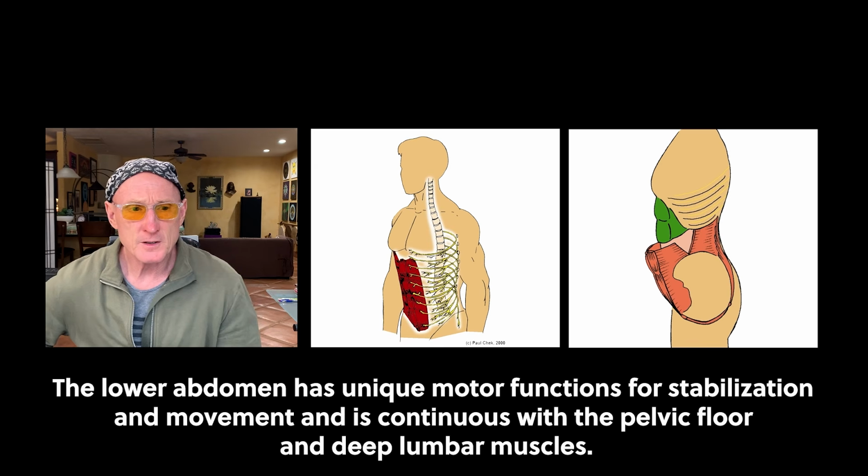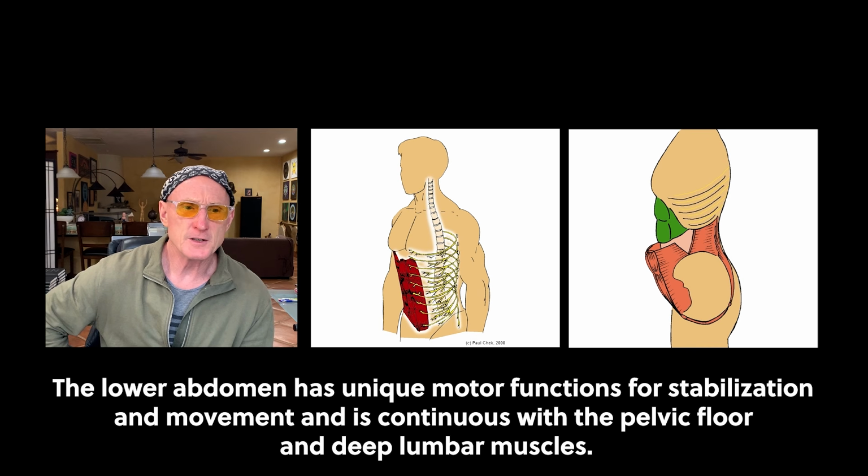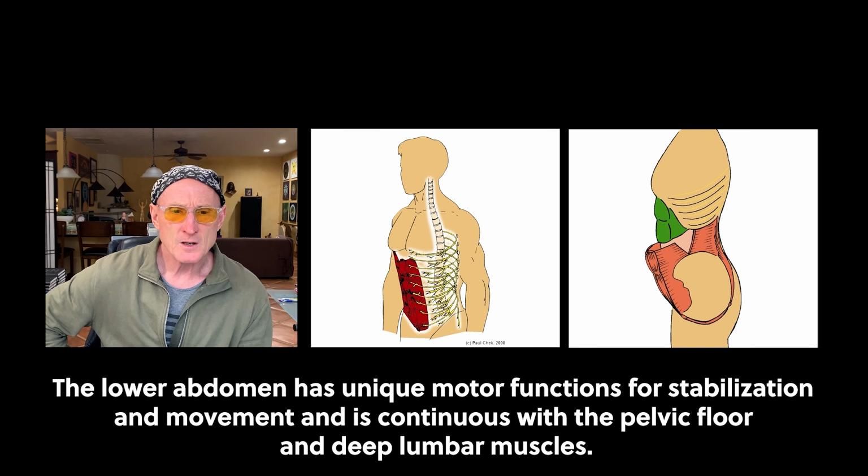The lower abdomen has very unique motor functions for stabilization and movement. And I remember earlier in my career, there used to be all sorts of arguments in the literature as to whether there were actually upper and lower abdominal muscles, which shocked me because it showed me that all these so-called experts had not studied anatomy very well at all.